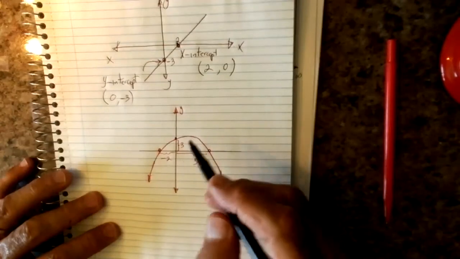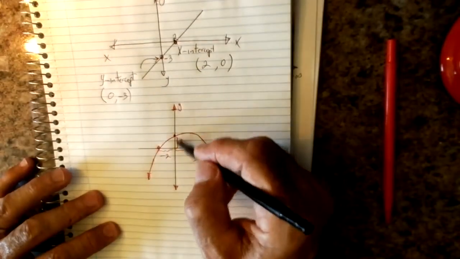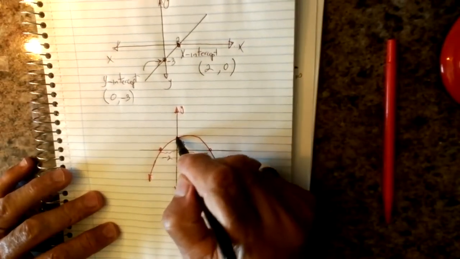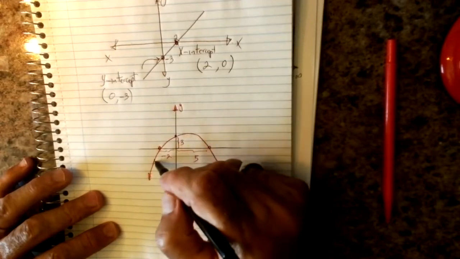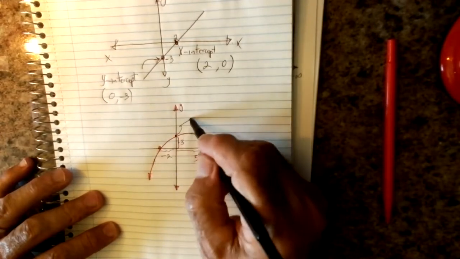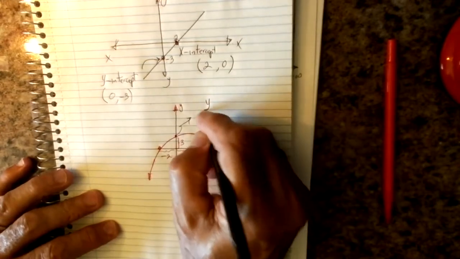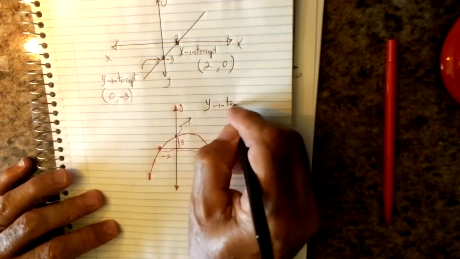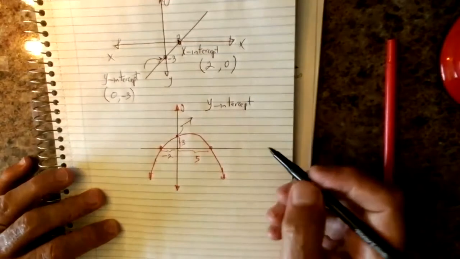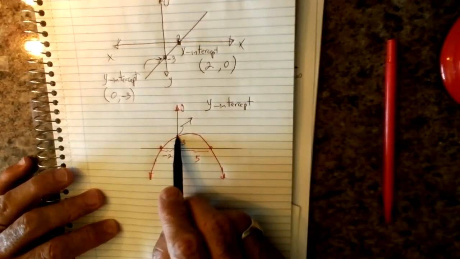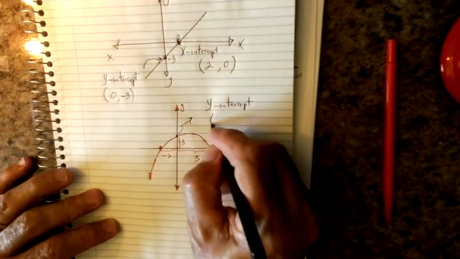This parabola hits the y-axis at this point. The point where my graph hits the y-axis, they call the y-intercept. How do I find the coordinates of that point? This point doesn't have any x, so x is 0.